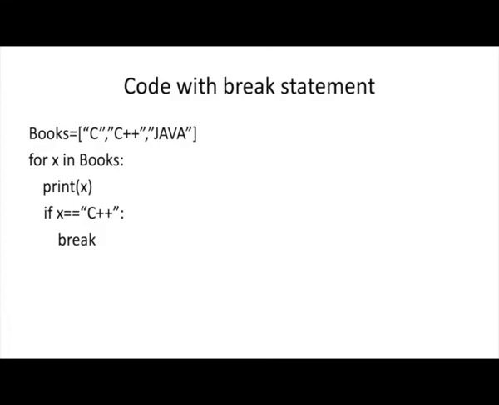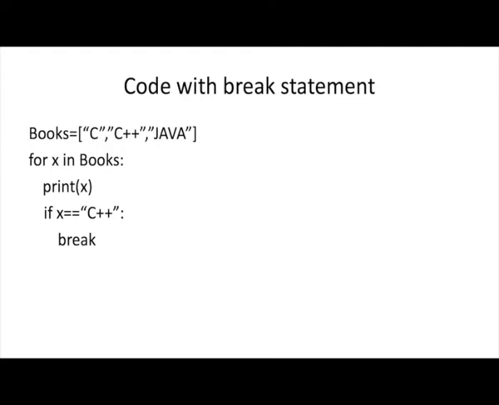Then suppose we want to break the loop before reaching the final test condition. We can use break to do so. With the break keyword, we can stop the loop before it has looped through all the items. We see the code with the break statement. The same example, variable books with a list of 3 books: C, C++ and Java.